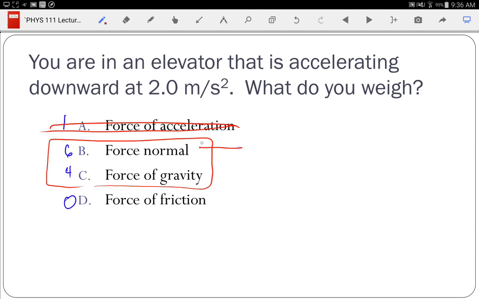But their chamber is falling with them, so that's the definition that you would use, the force normal, to say an astronaut is weightless. The force of gravity is the one we would use to say he's still every bit as heavy as he was there.